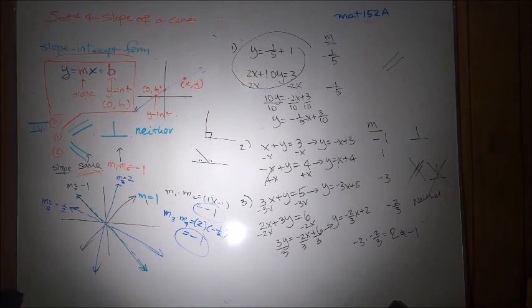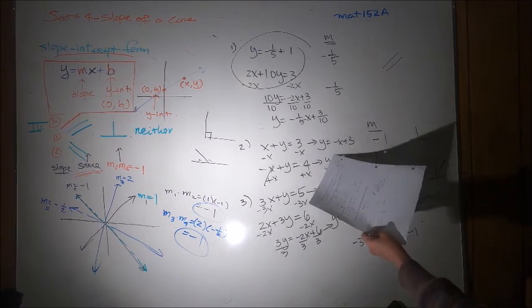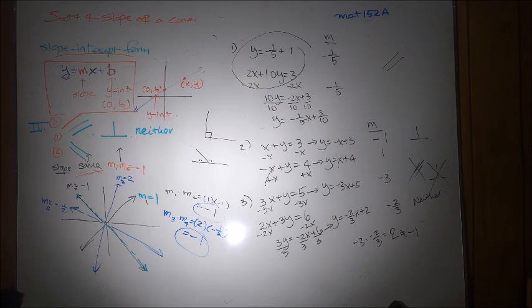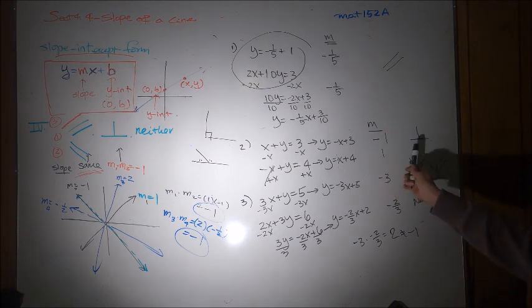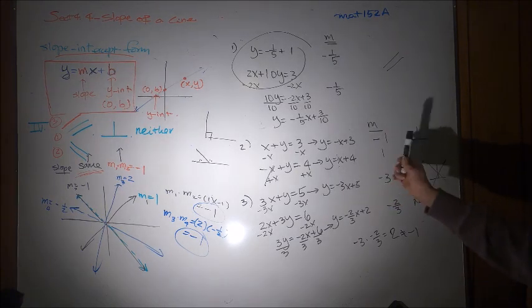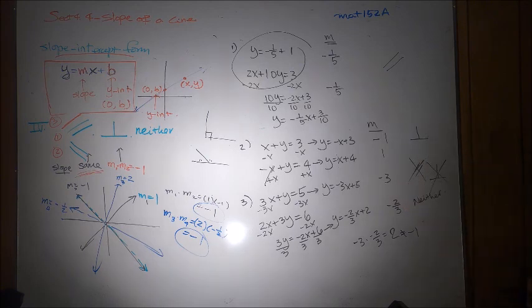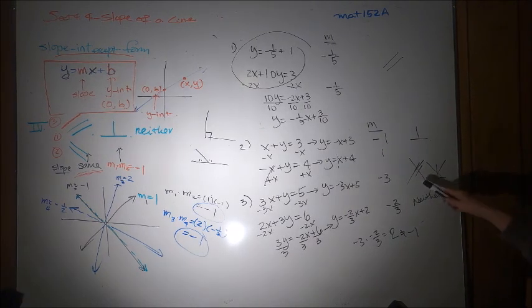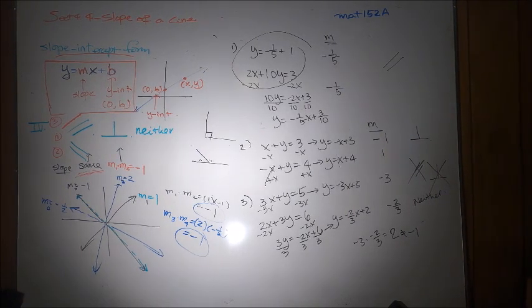So we use what? Slope-intercept form to decide the slope of a line, right? Then we can see how two lines behave to each other. Are they related in a certain way? Parallel or perpendicular or neither. Right?